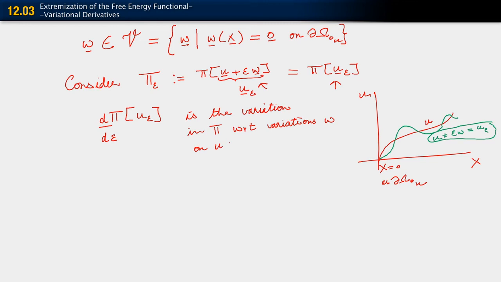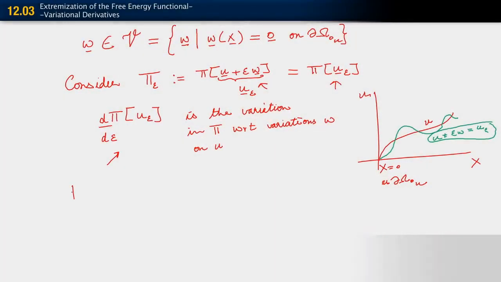W is a variation on u, right? We're controlling how much of that variation we're putting by introducing epsilon. Okay, then by looking at this derivative, we are effectively checking how pi is varying with u.